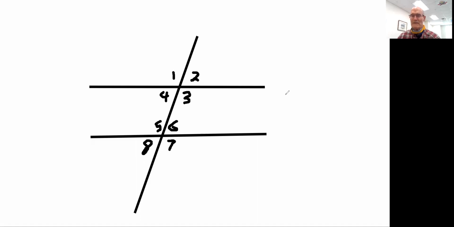Now, what we know about these angles, remember we have alternate interior. So if we look at the different types, we have alternate interior angles. Alternate interior angles here would be 4 and 6, and 3 and 5.